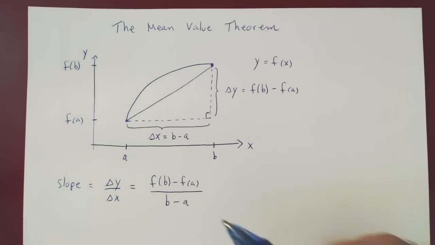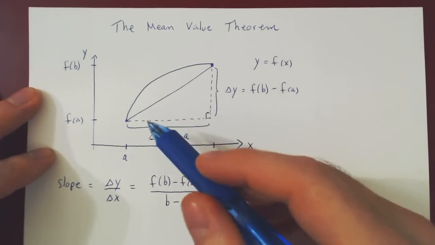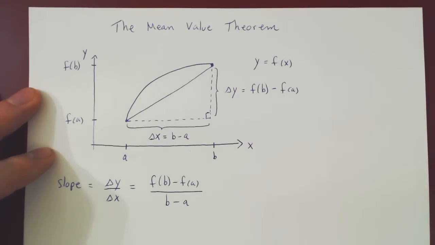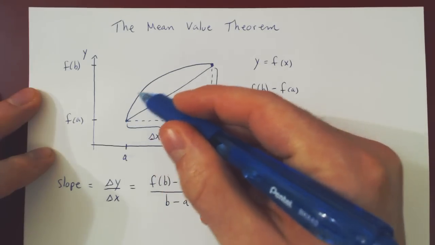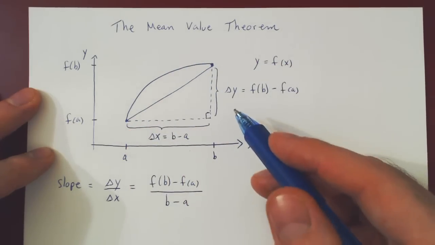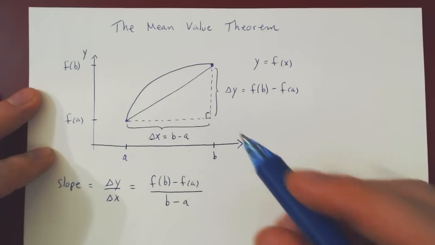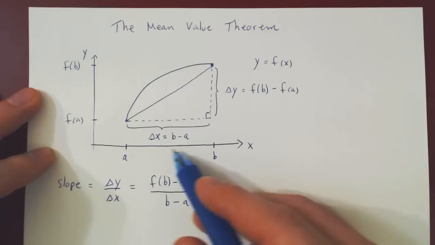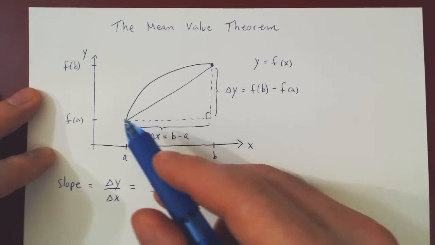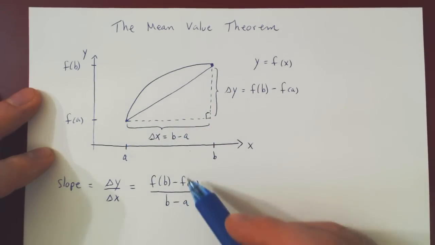So far we haven't done anything, right? We've connected 2 points, formed a line, found the slope of this line, and we've completely ignored the rest of the curve. But what does the mean value theorem say? What the result says is there must be at least one point between a and b where the derivative of the function is equal to the slope of this line.